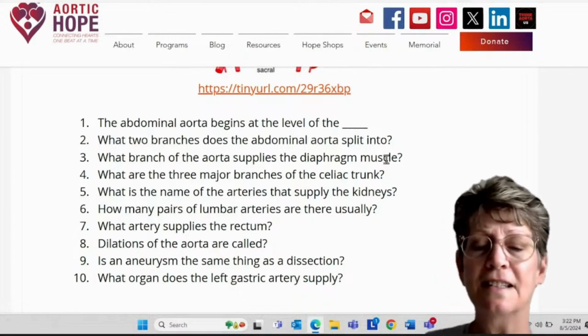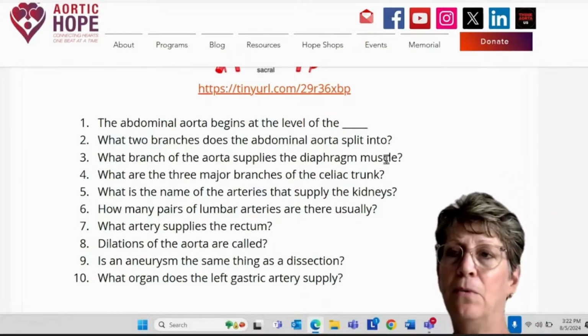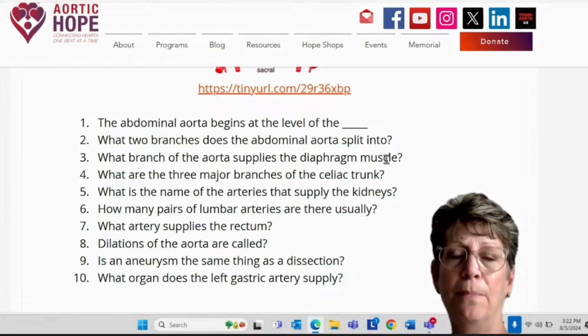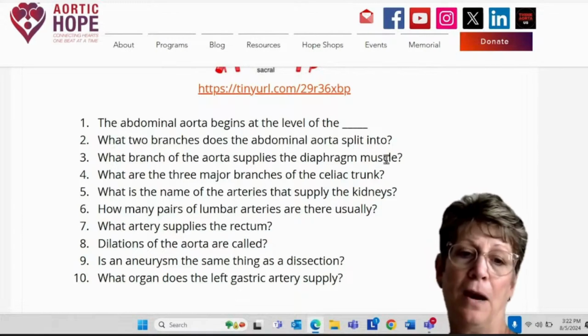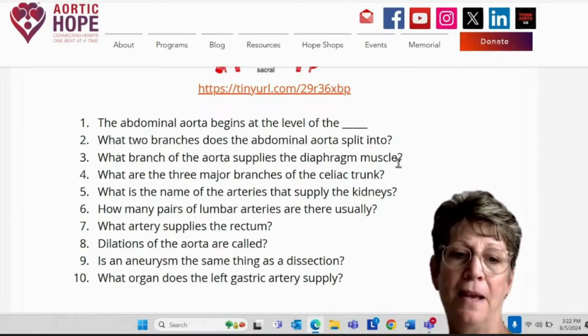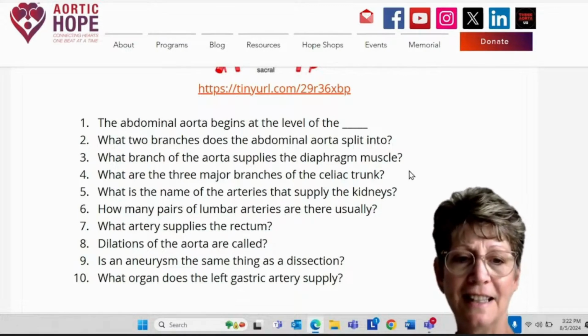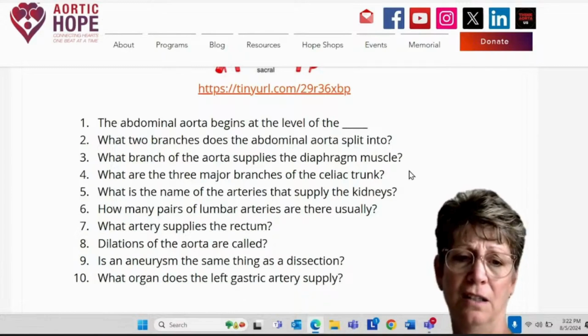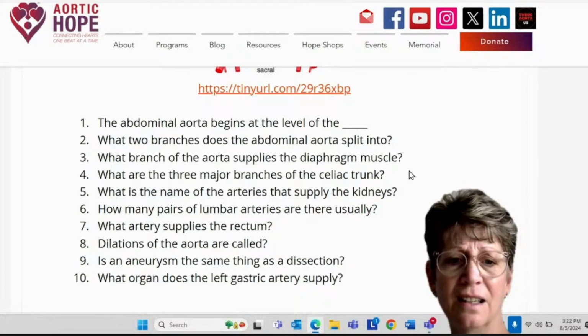This is what I mean, one of our missions is to help people understand, even to be able to read your CT scans. That term might be in there, and I've probably just skipped over it and didn't know what it meant. But what are the three major branches of the celiac trunk? The left gastric, the common hepatic, and the splenic.